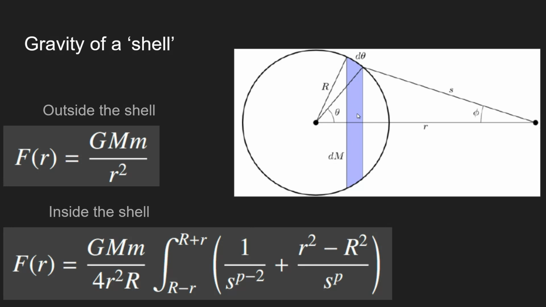The inside the shell thing, by the way, is also from Newton. Newton considered that, but when this law is repeated, it's not repeated in its precise mathematical notation, which is completely understandable.